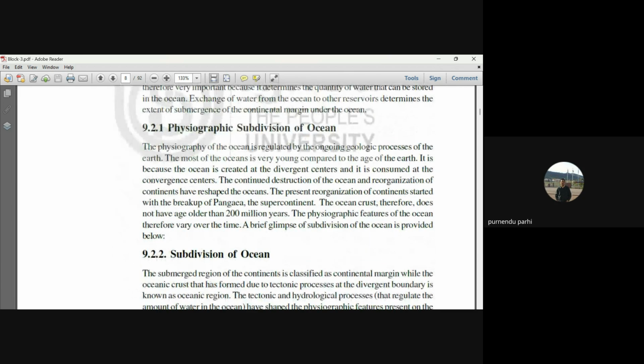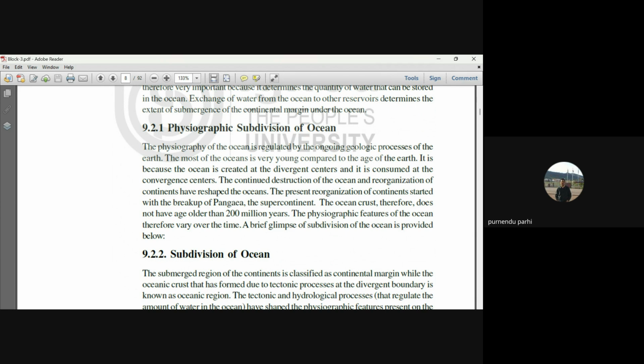The physiography of the ocean is regulated by the ongoing geologic processes of the earth. Most of the ocean is very young compared to the age of the earth. It is because the ocean is created at the divergent center and it is consumed at the convergent center. The continued destruction of the ocean and reorganization of the continents have reshaped the ocean.